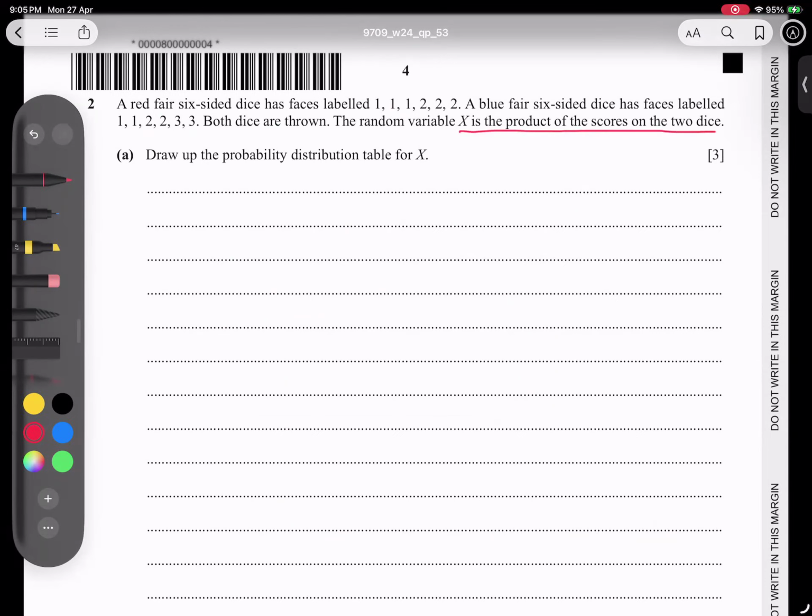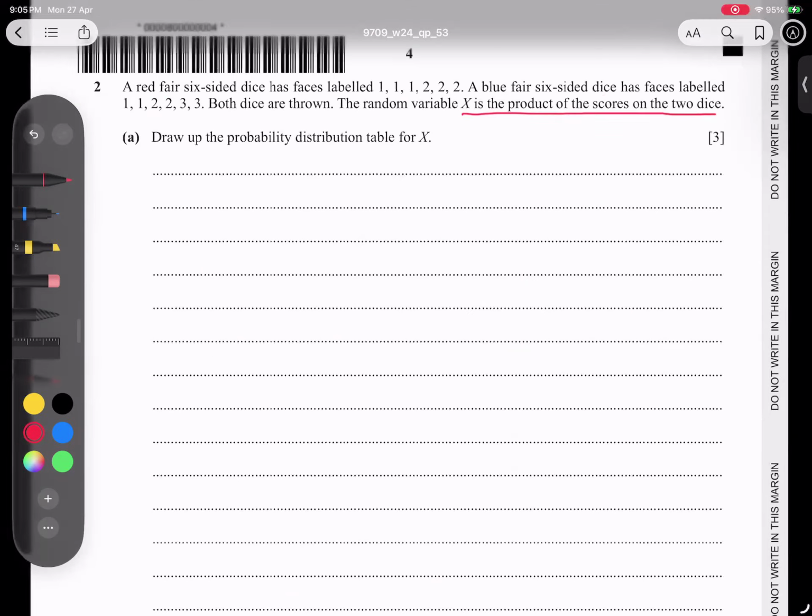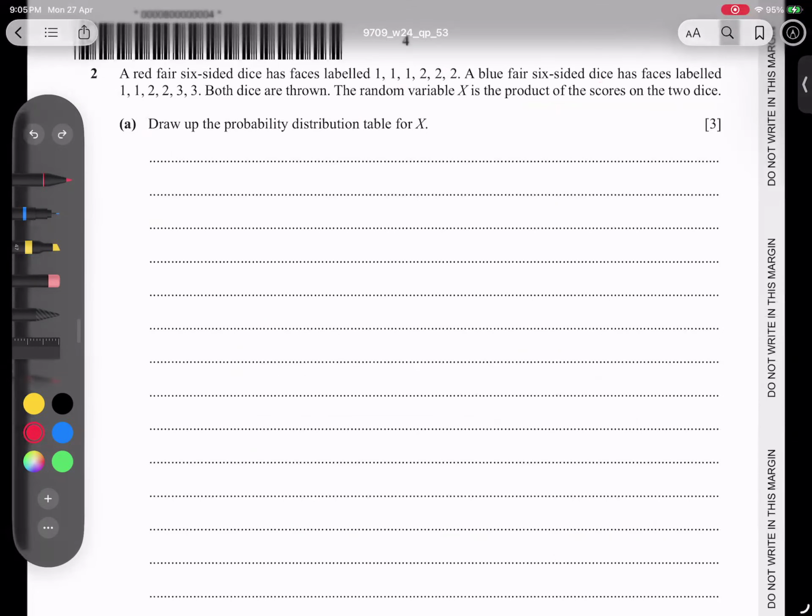For this kind of question, students, we should not take a risk doing it directly. The best technique is to make a diagram.